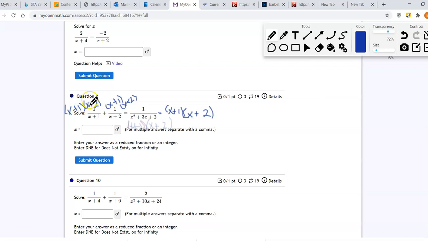Now, as this is being multiplied times this first fraction, the x plus 1 will cancel with the x plus 1 in the bottom, leaving me this 1 and an x plus 2. And then in my second fraction, this x plus 2 is going to cancel with this x plus 2 in the bottom, leaving me this 1 and this x plus 1.